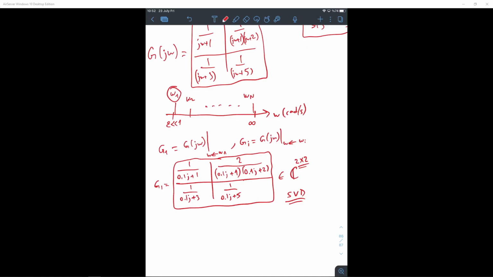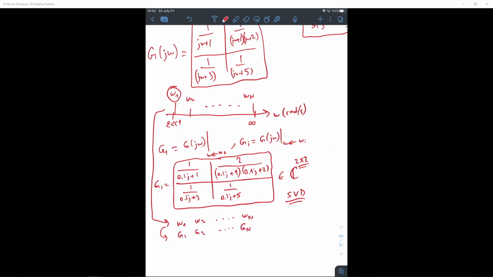Okay, and here this is our grid, omega 1, omega 2, dot dot dot, omega n, right? And then for each omega term, we have G1, G2, dot dot dot, Gn, the respective G matrix, right?